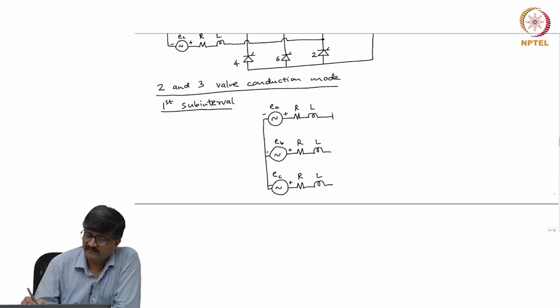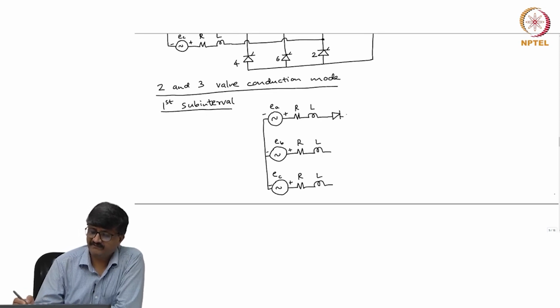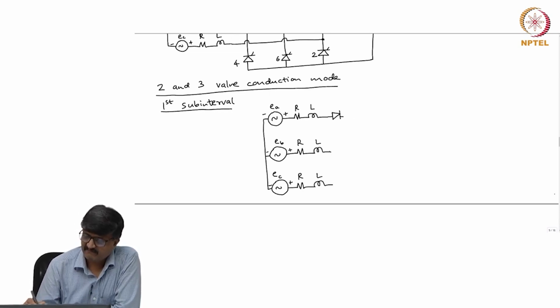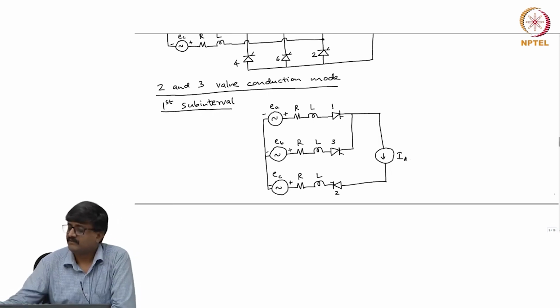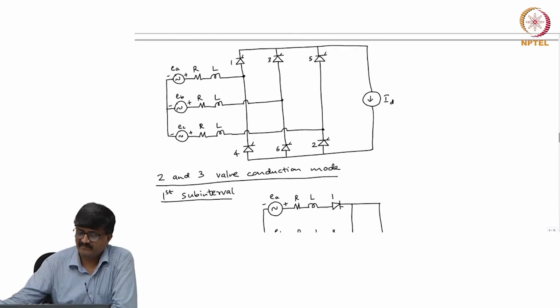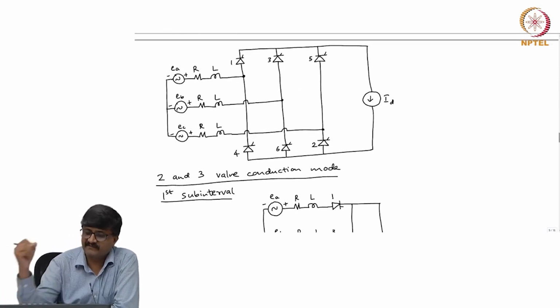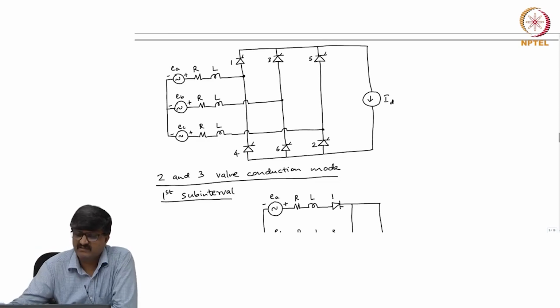Valve 1 is in series with the voltage source E A, valve 3 is in series with the voltage source E B, valve 2 is in series with the voltage source E C. This is the circuit obtained from the previous one by just removing the valves that do not conduct, that is 4, 5 and 6.